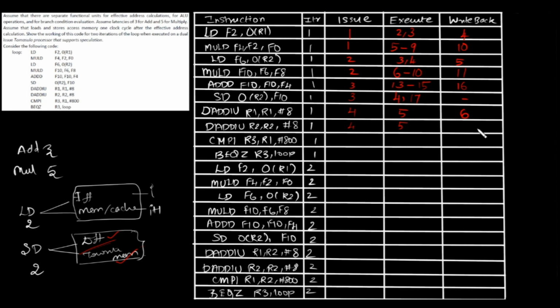Say, for example, this will be written into CDB 1, and this will be written into CDB 2. So multiple writes can happen at the same clock cycle. So this is again a design issue, so we will assume that multiple CDBs are available. Okay, so both these data you can write back at clock cycle 6.